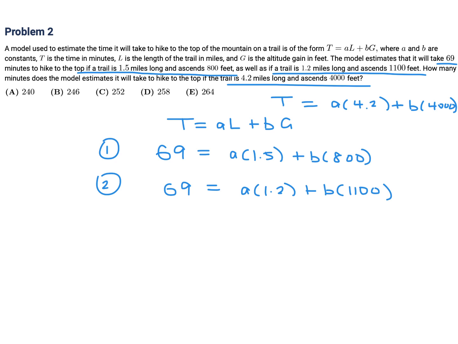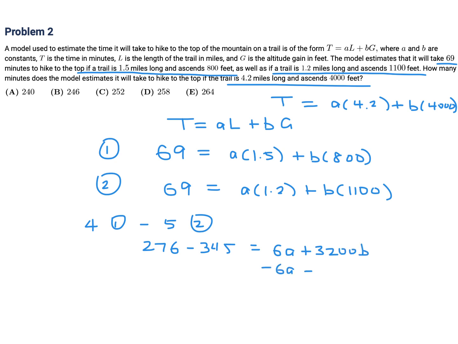Okay, no problem. So here we go. I'll do 4 times equation 1 minus 5 times equation 2. That will give me 276 minus 345, which is 6A plus 3200B minus 6A minus 5500B, and that equals minus 69.